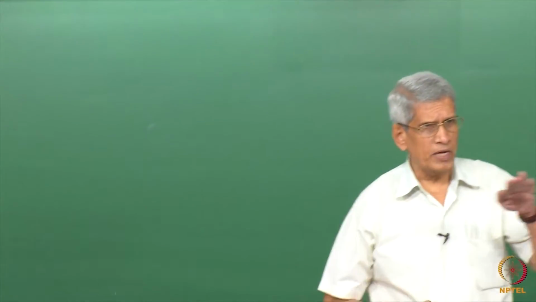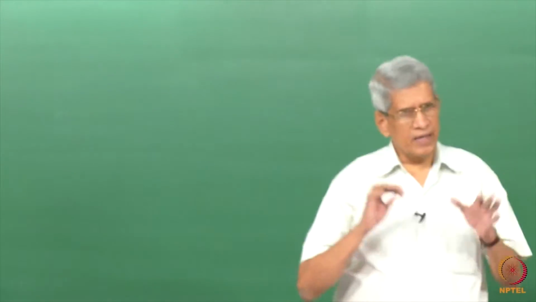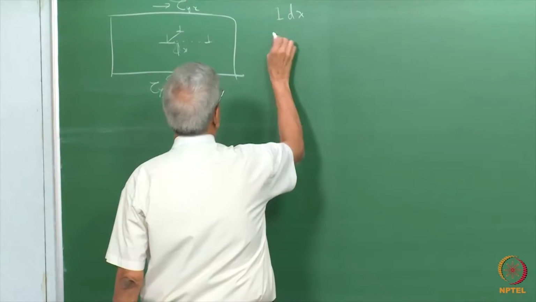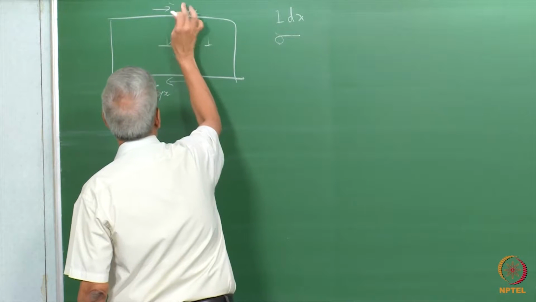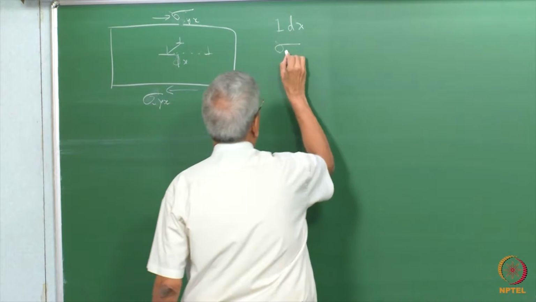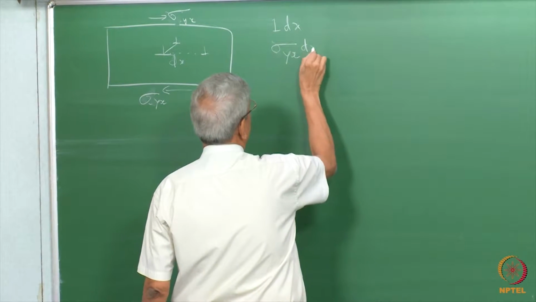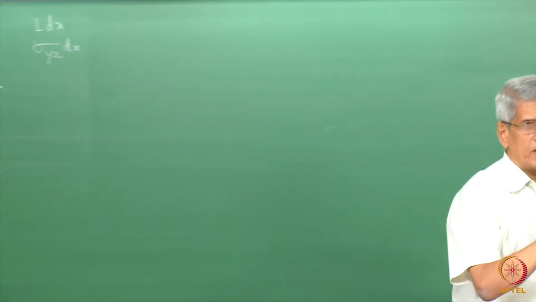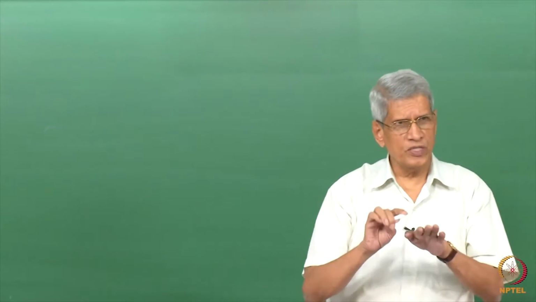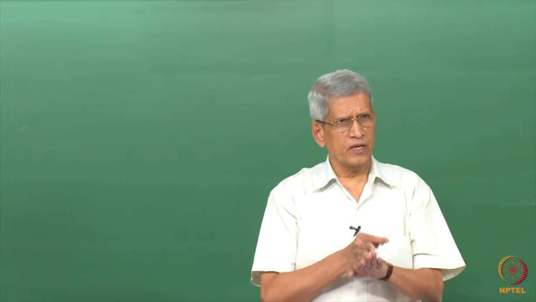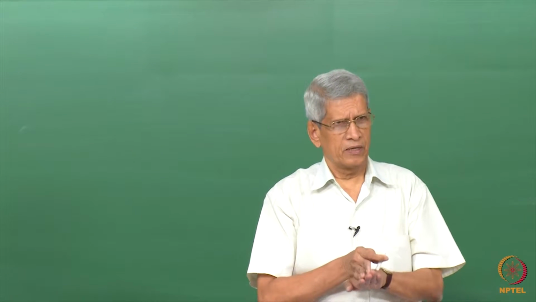This area, if you multiply it by the stress, gives the force which is acting on that area. This can be written as σyx into dx, correct? Stress multiplied by area gives the force acting on that.